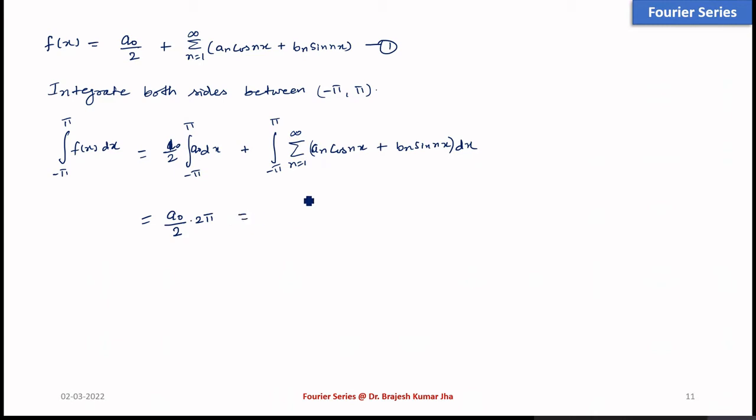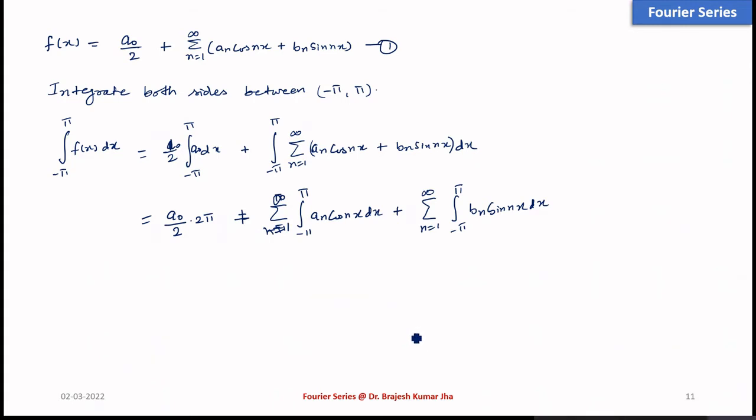And this we could write as the summation from n equals 1 to infinity of the integral from minus pi to plus pi of an cos nx dx plus the summation of the integral from minus pi to plus pi of bn sin nx dx. Can we write this like that?